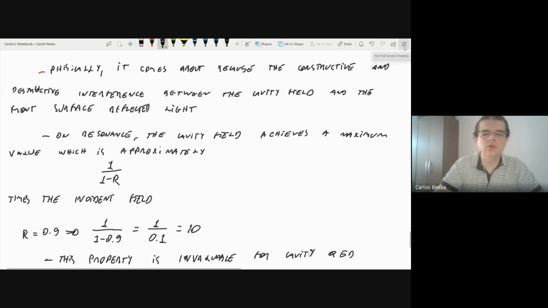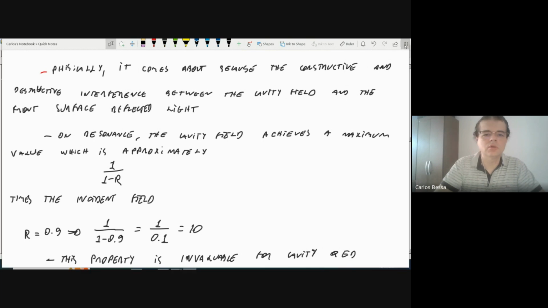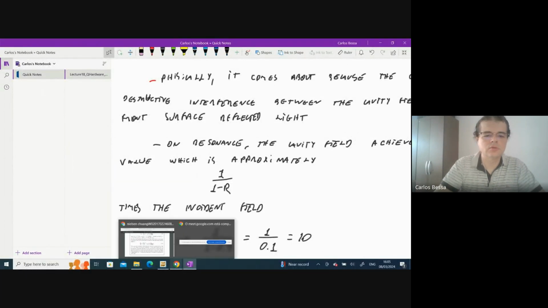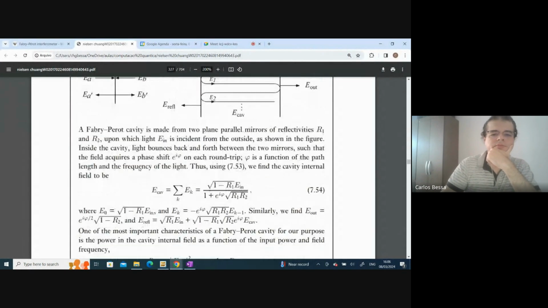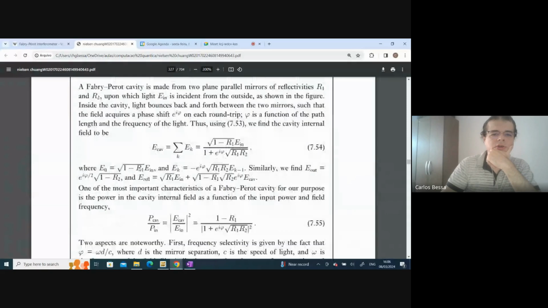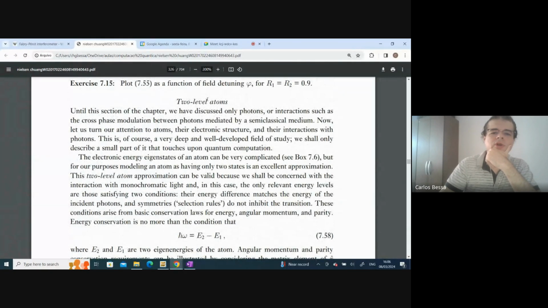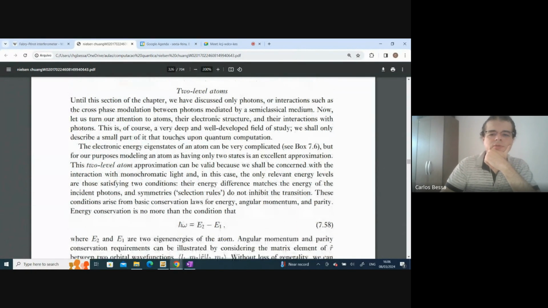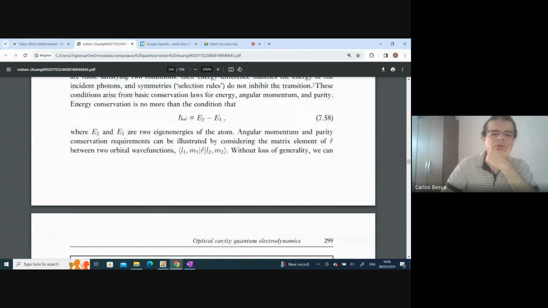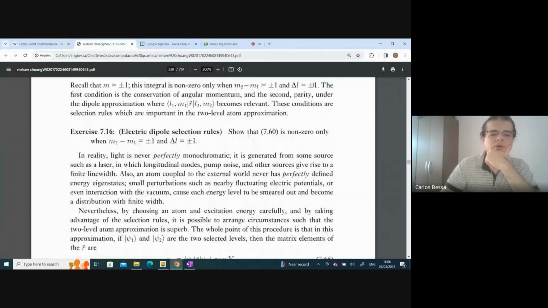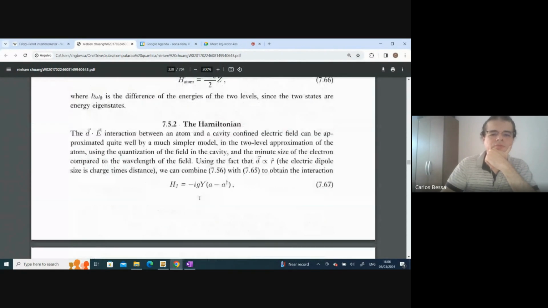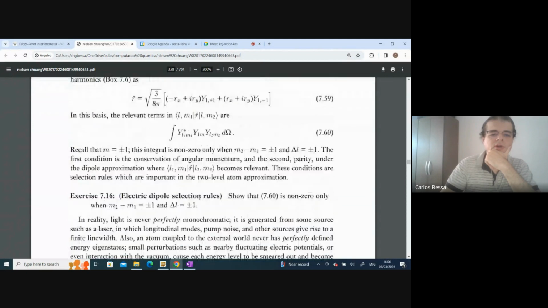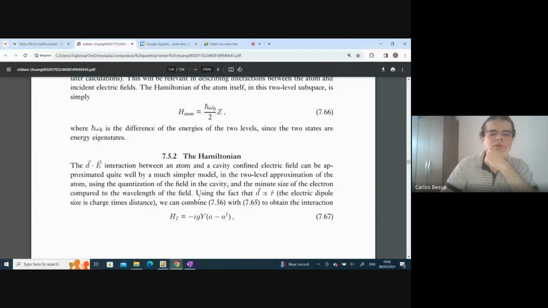So I think for today is this. Do you guys have questions? So again, we finish this today, and in the next we'll discuss these two-level atoms. That's the following. In box 7.6, just to have an idea about this box, I think in the next lecture it will be this part, and then we can start doing computation.